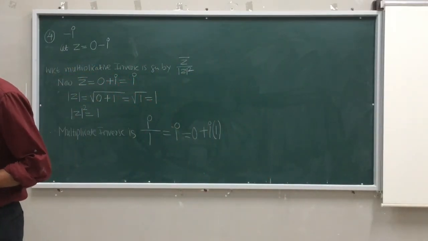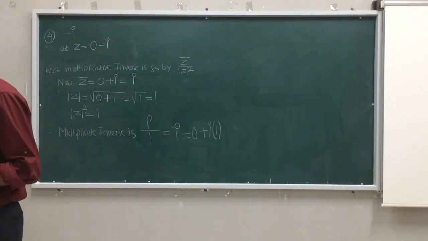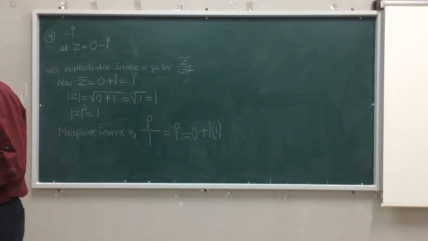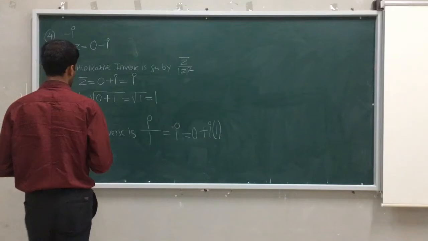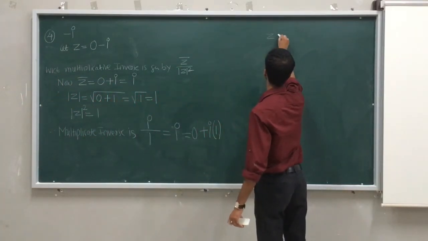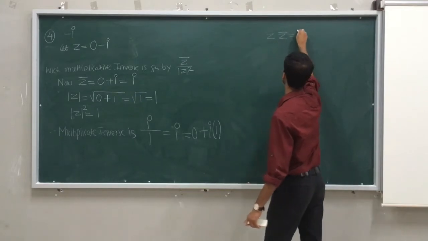Now after this, we will proceed to a few interesting questions. And after this, we will take some new concept. Hope you understood the conjugate concept. So what we studied is, we all know that z into z bar is mod z square.